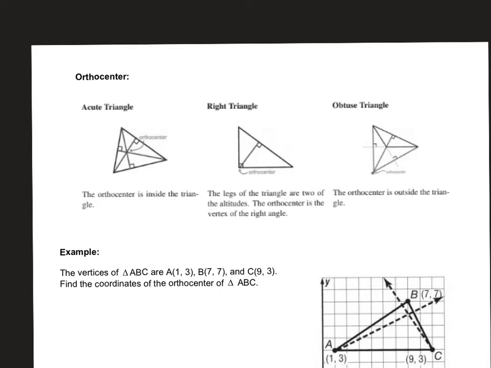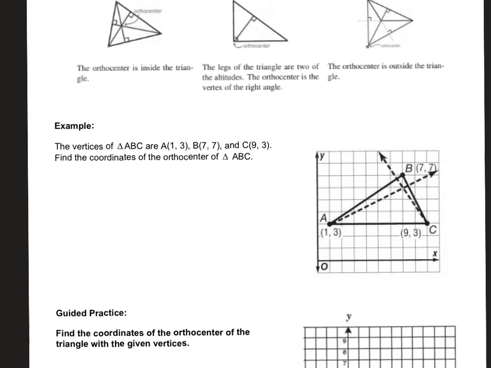Basically, the point of concurrency of all 3 altitudes will exist inside the triangle. In a right triangle, the orthocenter will occur at the right angle itself. But for an obtuse triangle, I know this is perhaps not the best image, we have the orthocenter actually outside of the triangle. I'll show a little bit more about this in my other video.